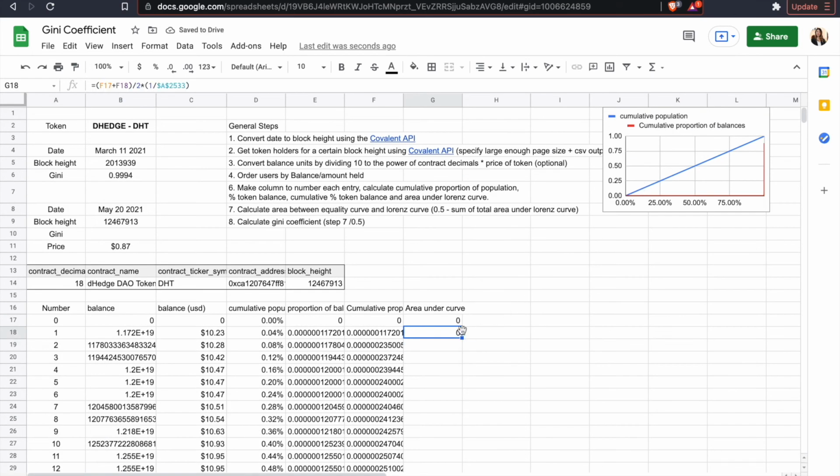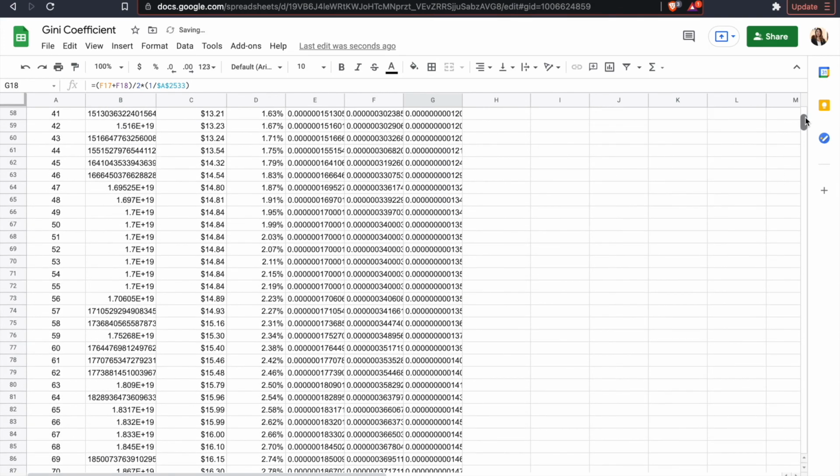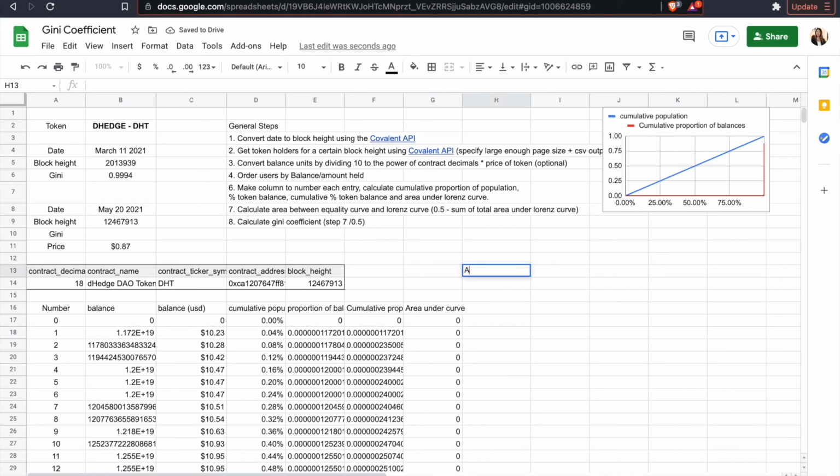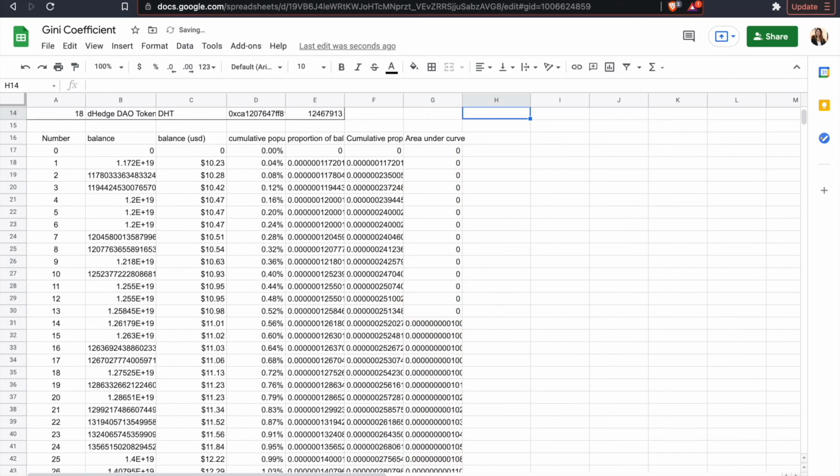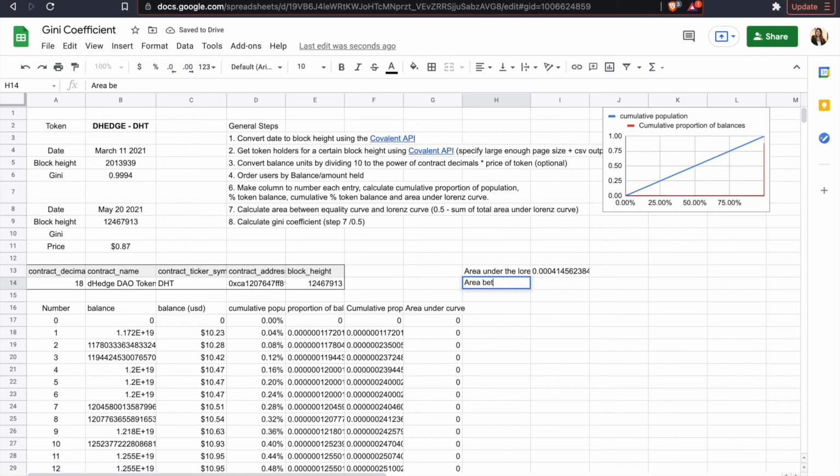I'm gonna go all the way down, and then to sum the area under the Lorenz curve, it's the sum of everything we just calculated. The area between the 2 curves here is 0.5 minus this value. And then the Gini coefficient is the area in between over the total area, which is 0.5. And that's what we got.